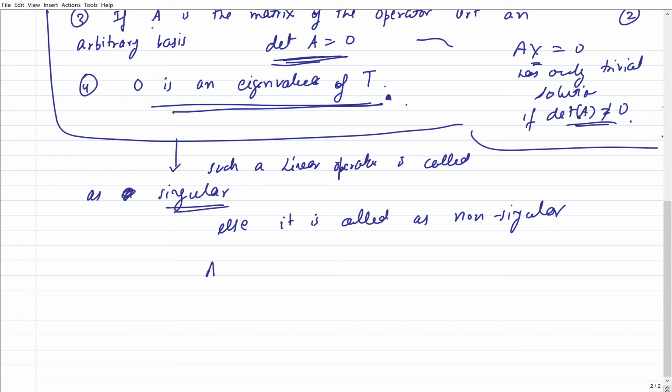Anyways, how do I go about finding the eigenvalues? A is the matrix of the linear transformation, and (A minus C I) applied to V equals 0. What's the idea?